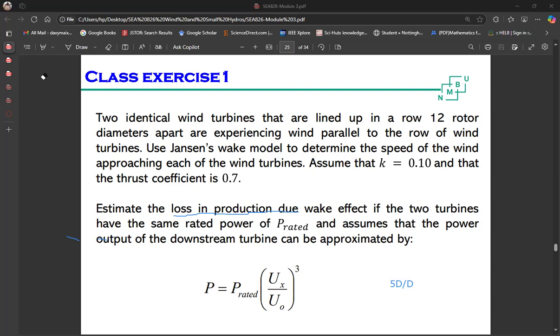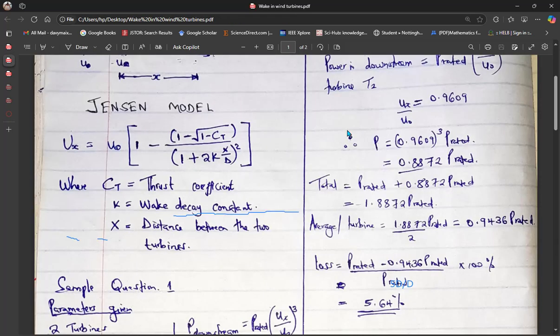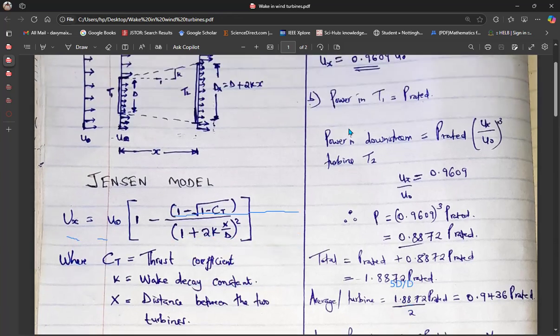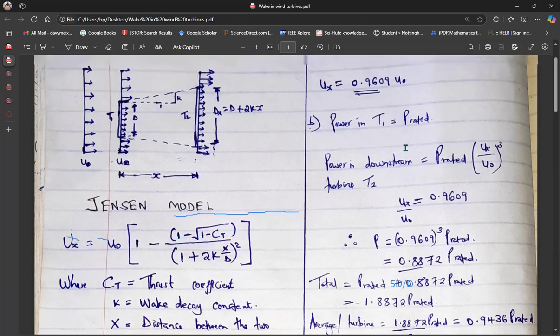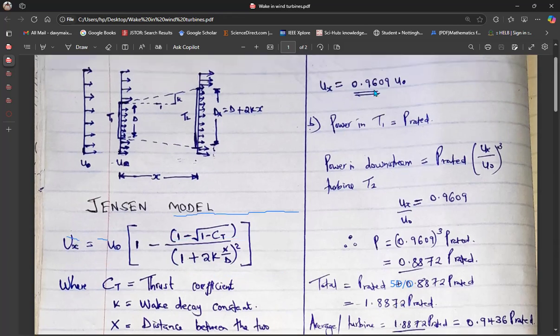So going to my solution, you can see it here. As I said, the power in turbine 1 is just P rated because there are no interferences. And now in the downstream turbine, we had the speed being 0.9609 U0. But now here we want UX over U0, so it's simple.